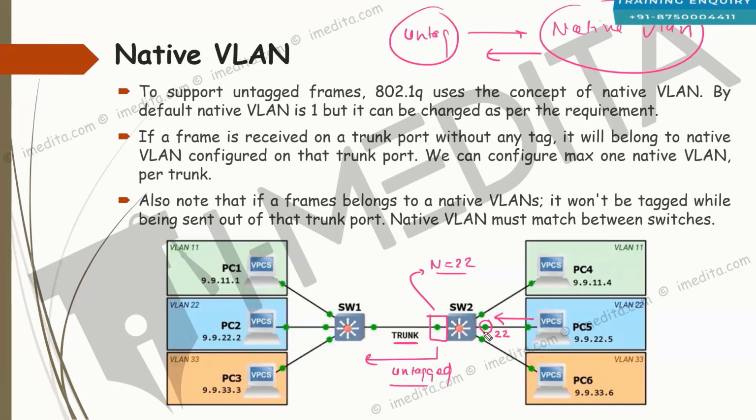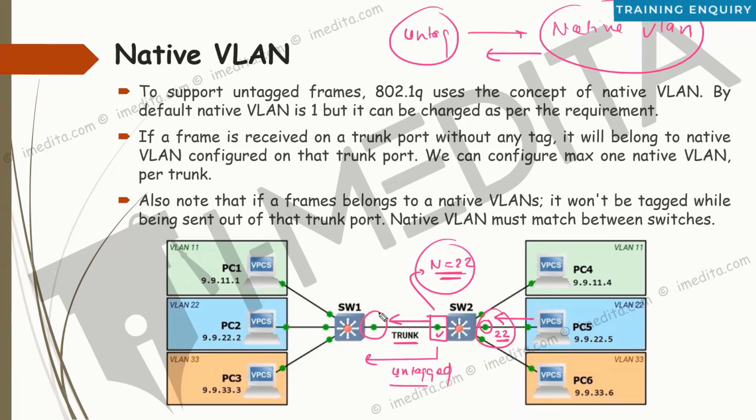So if I receive the data onto the port, data belongs to VLAN 22. When data is forwarded out of the trunk link, data is not going to be tagged if the native VLAN is the same as the access VLAN. Here, we configured the native VLAN on this trunk as 22. So when the data is passed out of that trunk link, if the data belongs to VLAN 22, it is not going to be tagged.